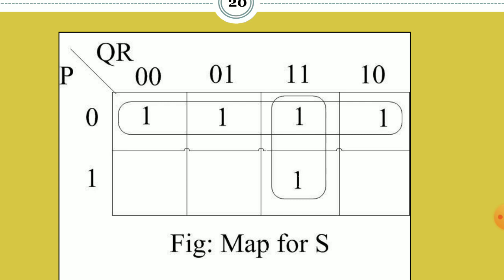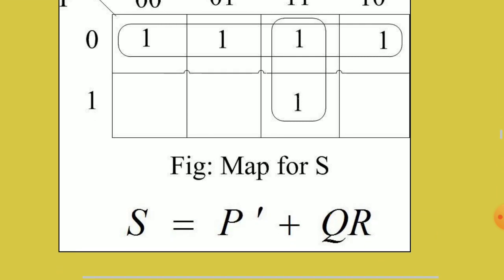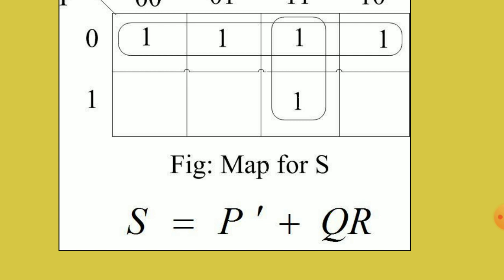That's why we will get the simplified expression P prime for minterms 0, 1, 2, 3, and we will get QR for minterms 3 and 7. So we will get the function S equals P prime plus QR after simplification.